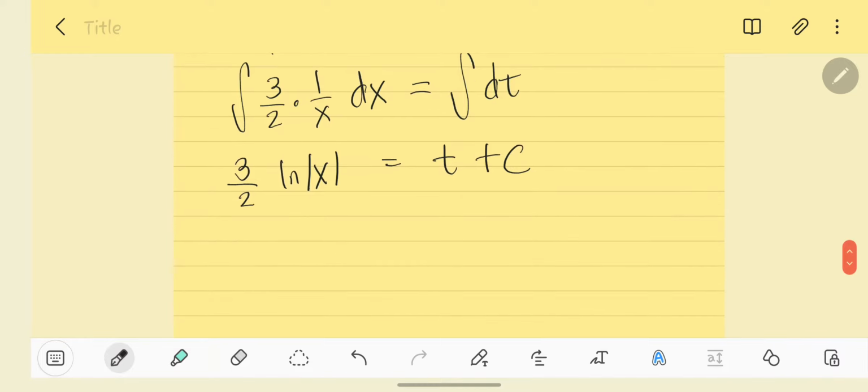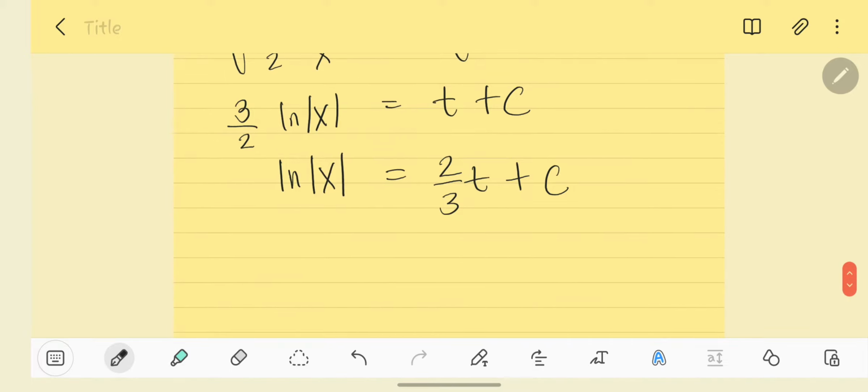And then transpose the constant into the right side. So the equation now becomes natural log of x is equals to 2/3 t plus c. So this is now in step 5.